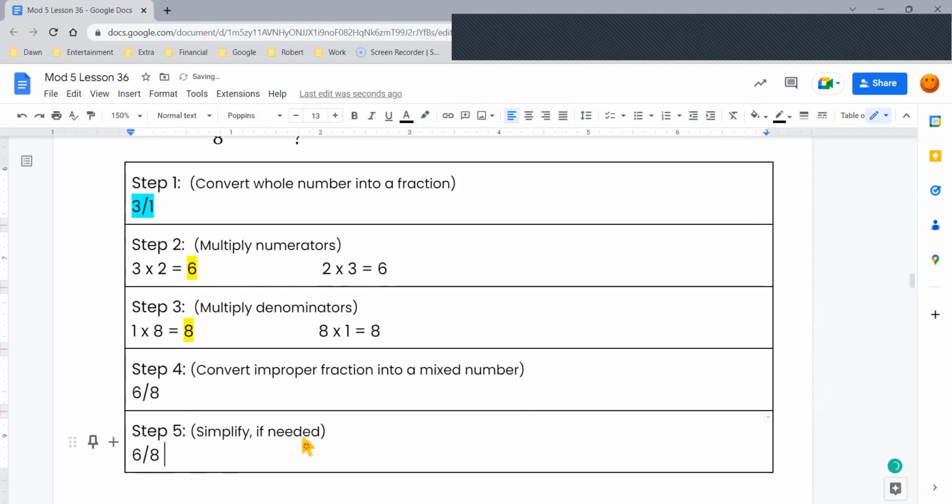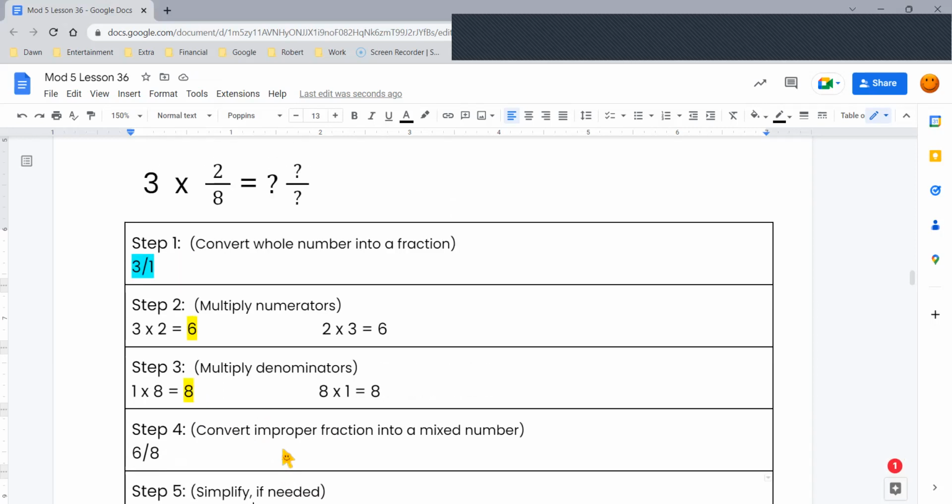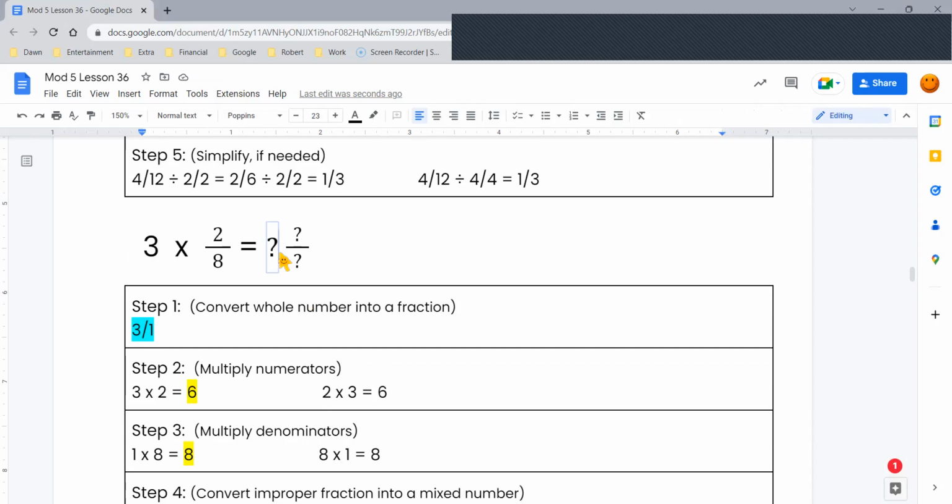So I'm going to bring my 6 over 8, and I'm going to do Control V. And because I know they're even numbers, I'm going to put 2 over 2. So 2 goes into 6 3 times, and 2 goes into 8 4 times. And the one thing I did notice is it's in its simplest form now. So right up here, I'm going to delete and do 3/4.